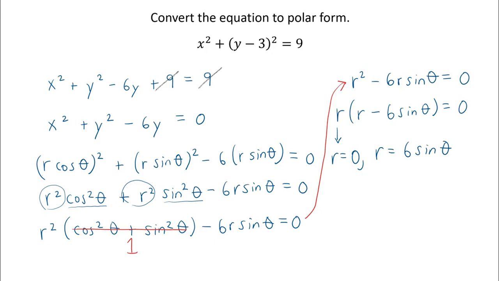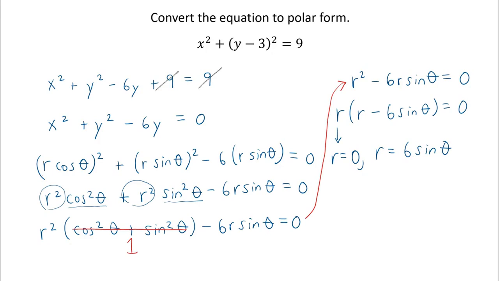Now, it's at this point that we have to have a little bit of math wisdom or intuition, because we have two different equations. We have r equals 0, and we have r equals 6 sine theta. Well, r equals 0 is a single point in the polar plane. And that single point cannot be the same as x squared plus the difference y minus 3 squared equals 9.